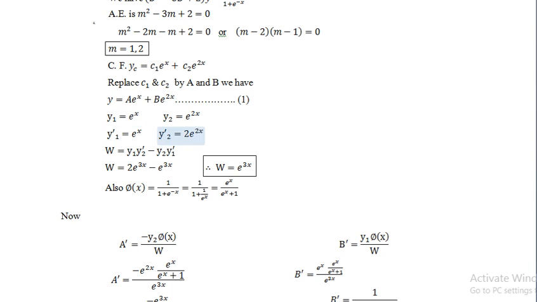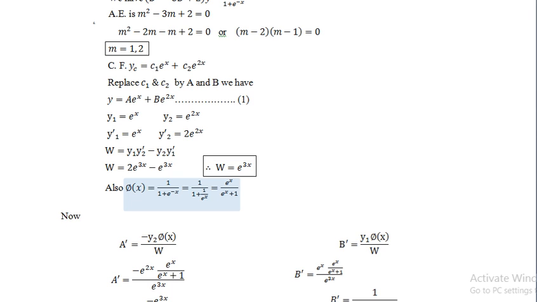Use these y1 y2 dash, that is e to the power x into 2 e to the power 2x is 2 times e to the power 3x, then sign is minus y2 y1 dash, e raised to 2x into e raised to x is e raised to 3x. So plus 2 e to the power 3x minus e raised to 3x gives e raised to 3x here.